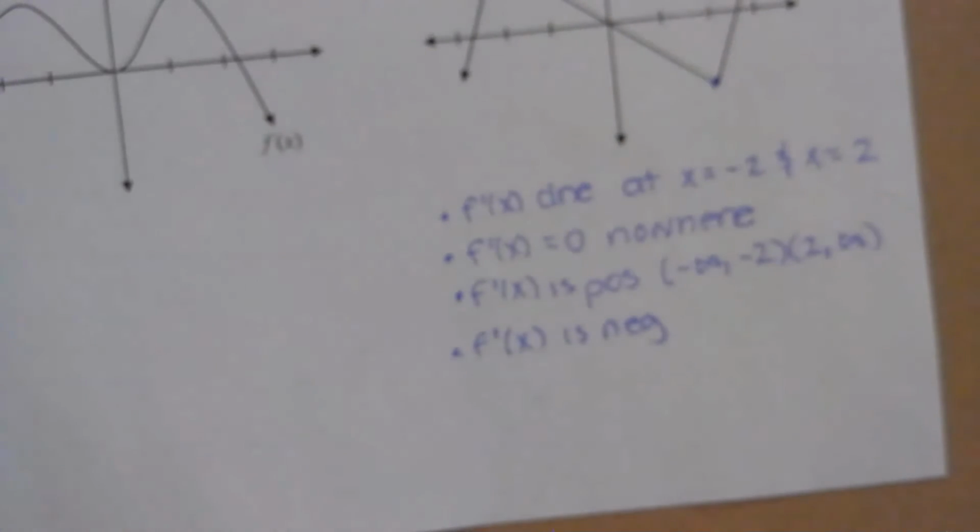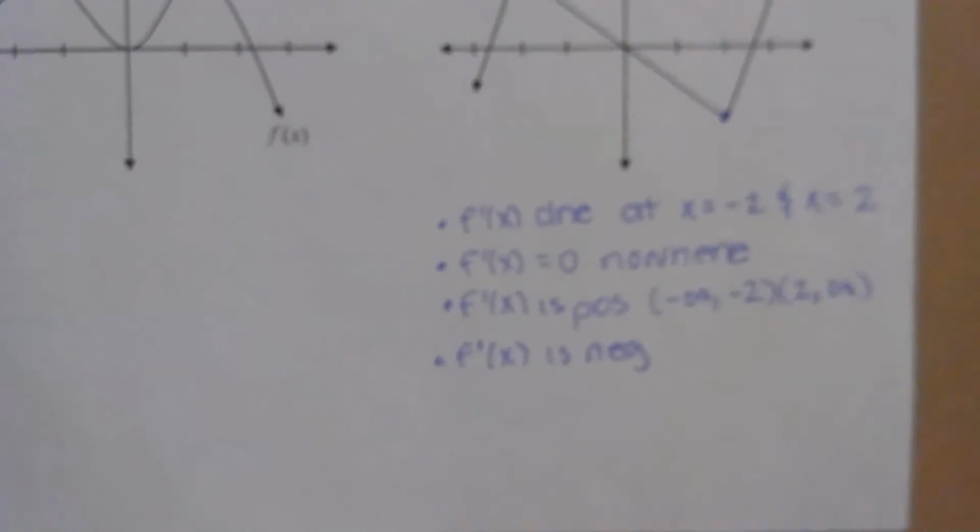All right, number 4. This part is tricky, because we don't know concave up to be. What's the derivative of a linear function? A horizontal line.